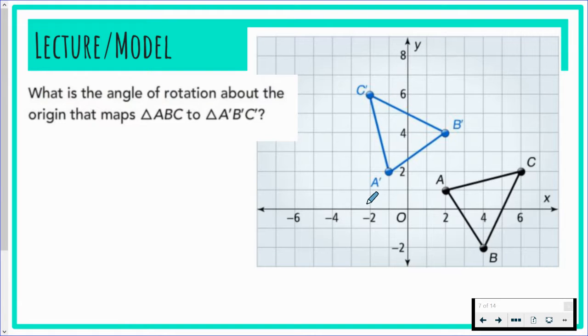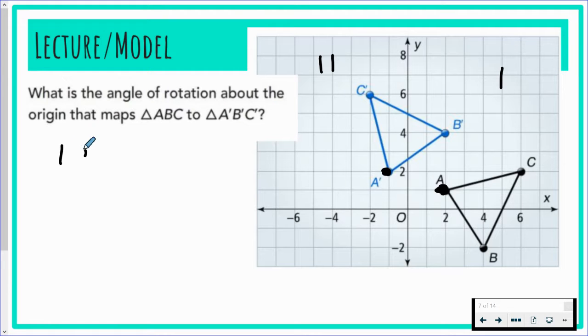What is the angle of rotation about the origin that maps the original black triangle ABC to the new blue triangle A prime, B prime, C prime? We only really need one coordinate for this. I'm looking at point A. First thing I need to decide, how many degrees did I move? Point A went from quadrant 1 to quadrant 2.